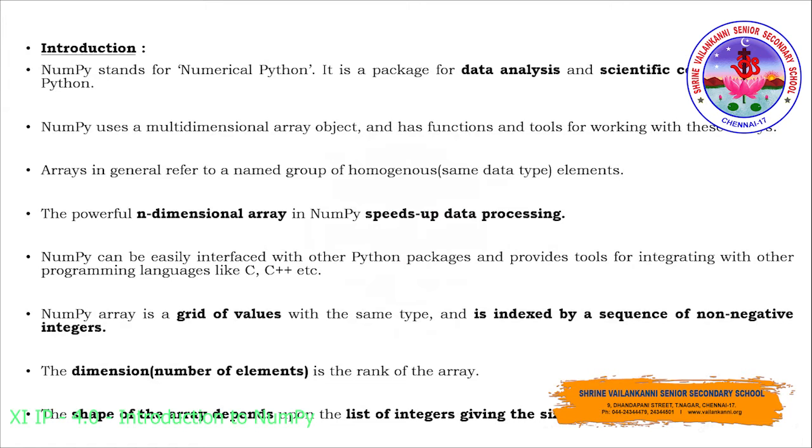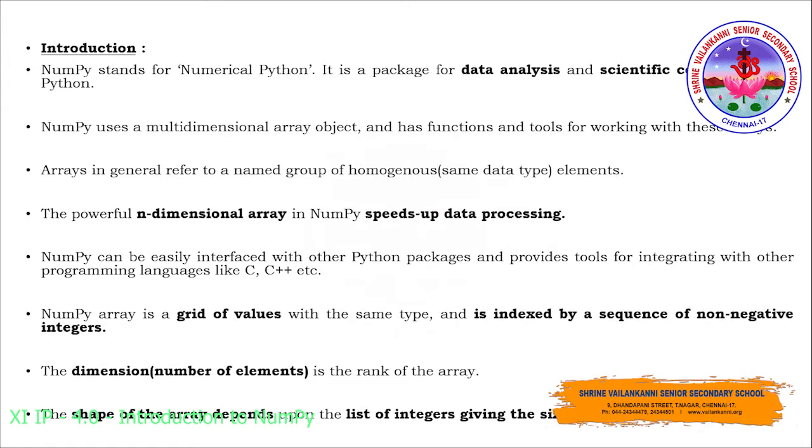Not only for handling large amounts of data, but also for analyzing statistical problems and solving scientific problems, this NumPy array is very useful. It can also be easily interfaced with other Python packages, and with other programming languages like C or C++. This is one main advantage of using NumPy.